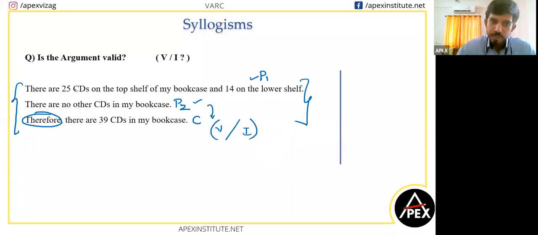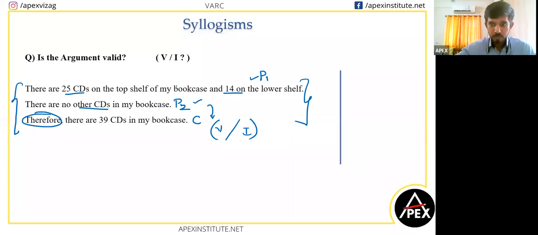Okay, so there are 25 CDs on the top shelf of my bookcase and 14 on the lower shelf. From this premise, we come to know there are two shelves. There may be more, we don't know yet. But we know there are 25 plus 14, 39, top shelf, lower shelf. Second premise tells us there are no other CDs in my bookcase.